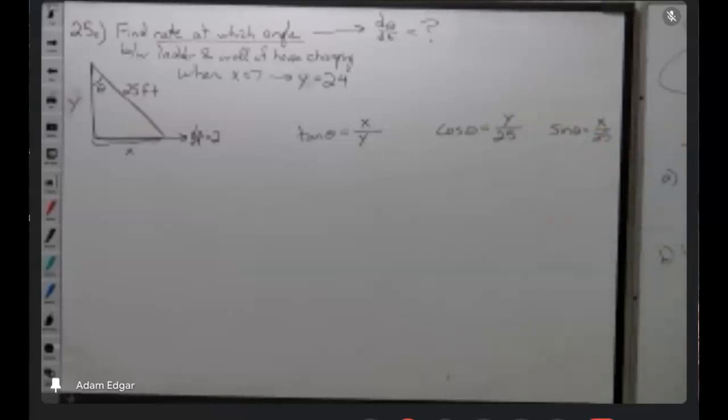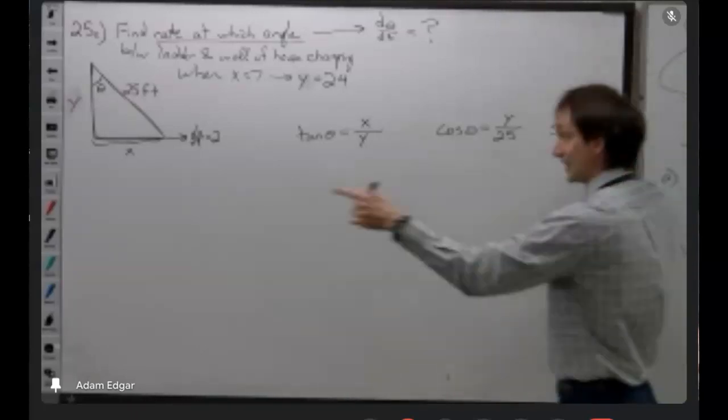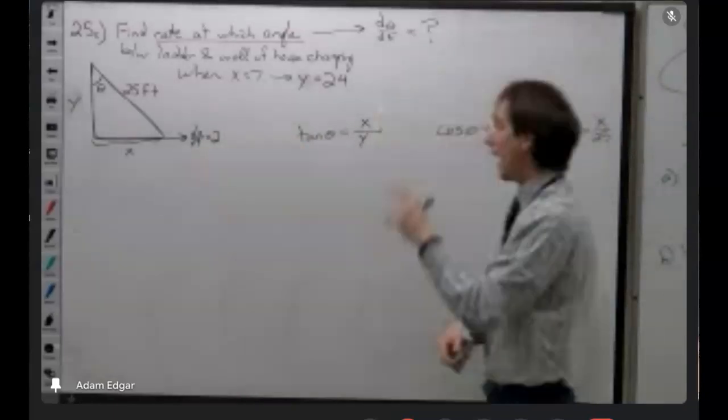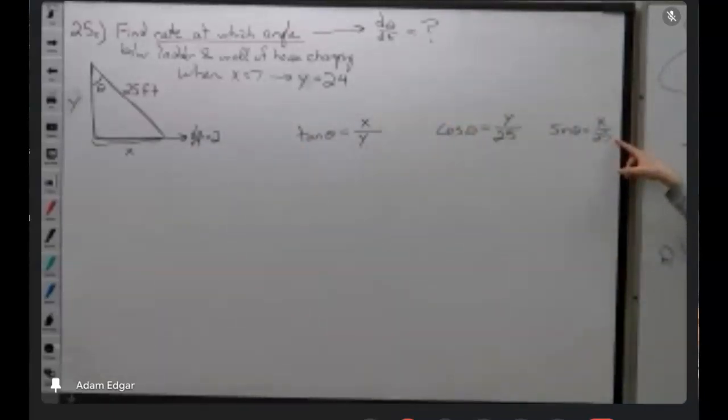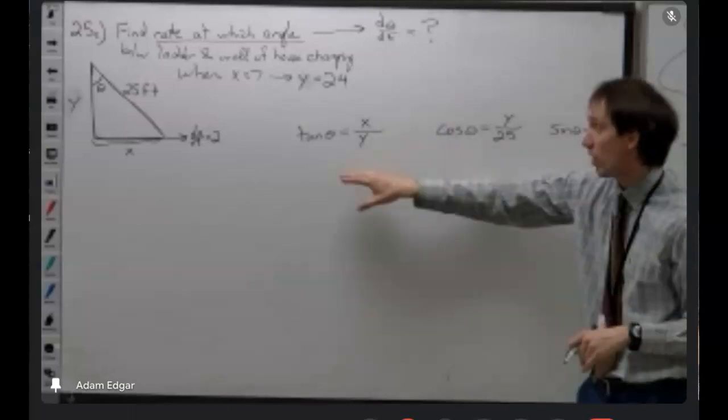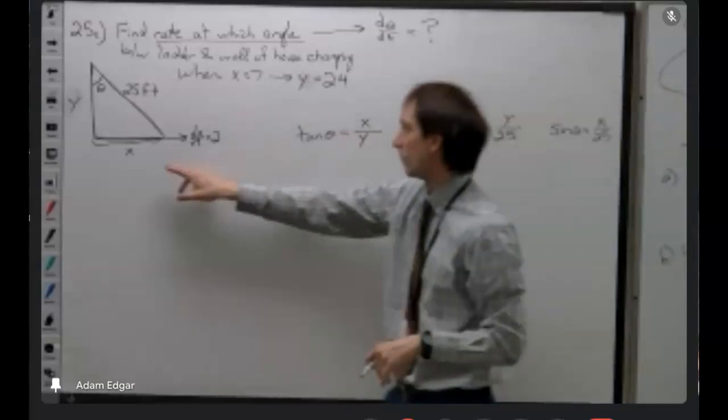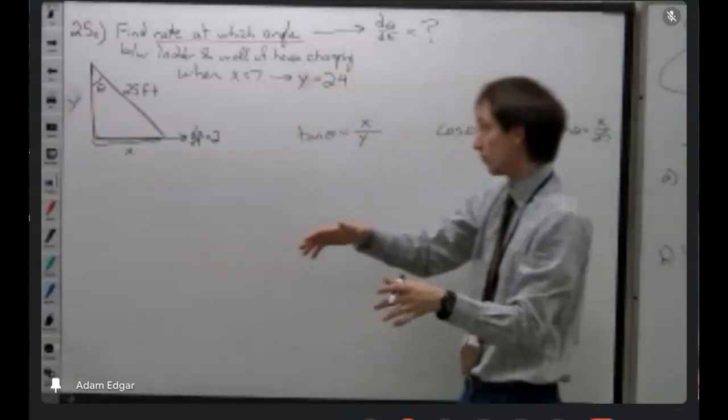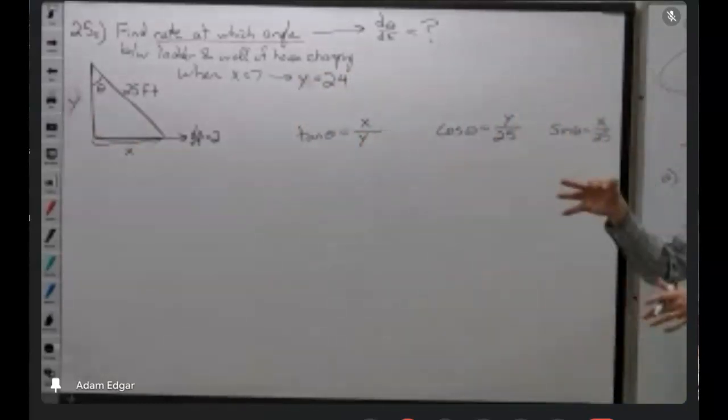Now, with these three options, which is the least bad option for us in this problem? Sine. Why do we dislike sine the least? Because we know x and dx dt, and we like 25 because it's a constant. So we really want to avoid tangent, because then we have both x and y, and they're both variables, and then we have three variables running around: theta, x, and y.